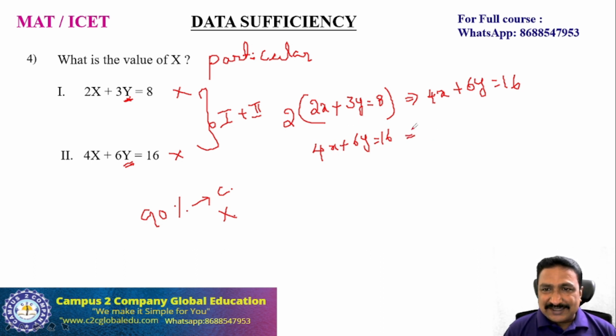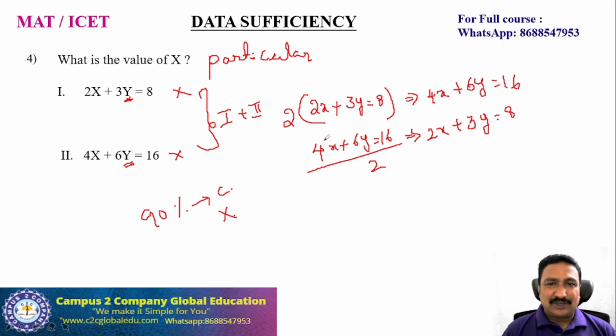Or if you divide the second equation by 2, you will get the first equation again. 2 goes into 4 two times, so 2x plus 3y is equal to, 2 goes into 16 eight times. So both equations are the same equation, a similar equation.